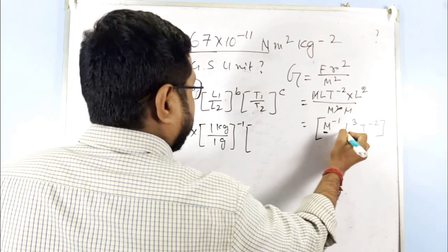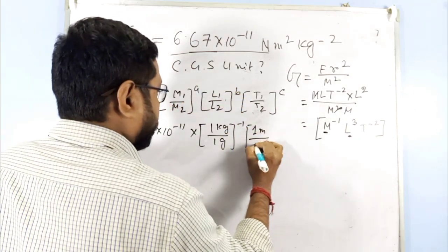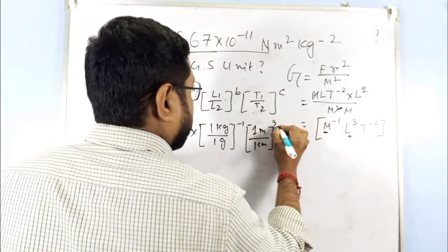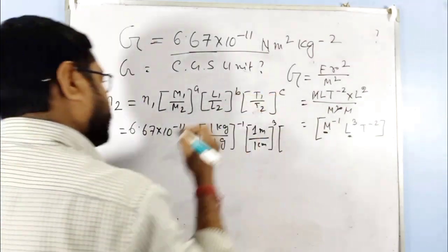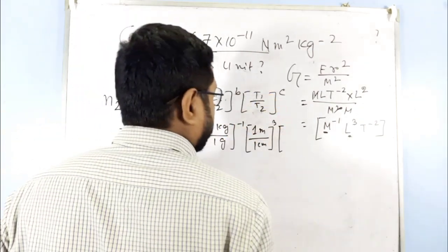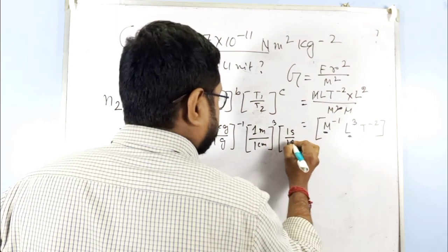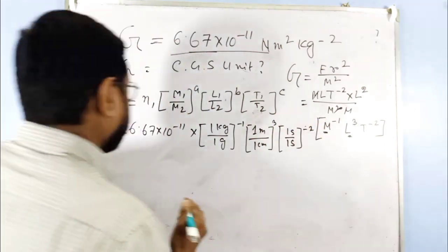Then L cube. Here L is length, so L is 1 meter by 1 cm, cubed. And this is time, that is T1 by T2, 1 second by 1 second to the power minus 2.